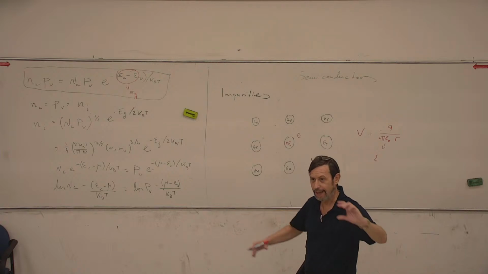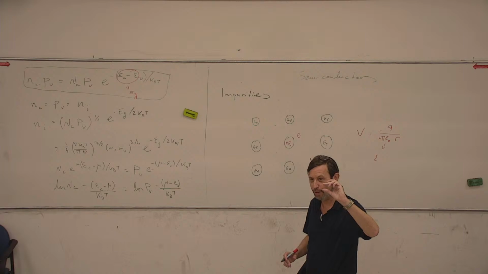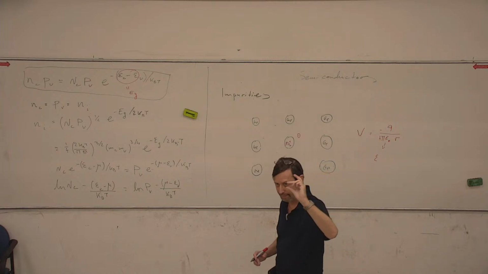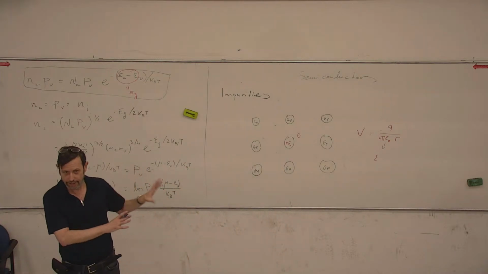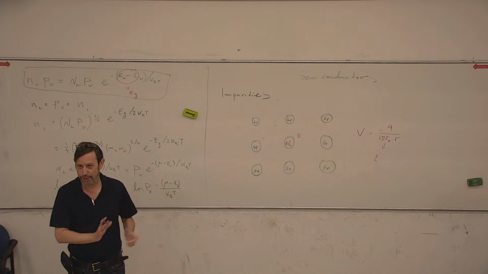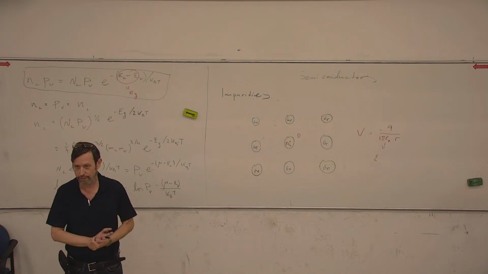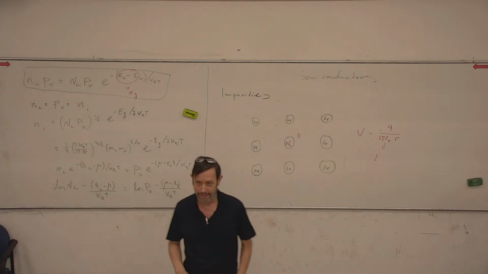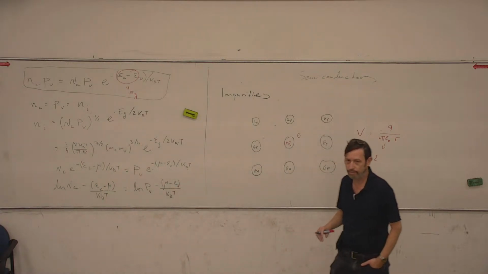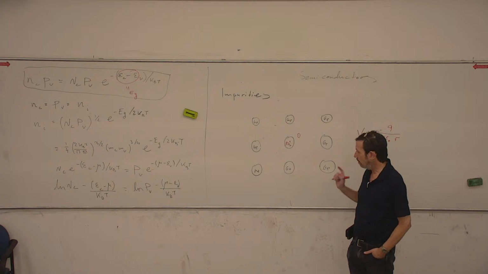Or if you want, a much smaller energy scale. And that is actually the best description that we can at this stage give for an impurity in a semiconductor.